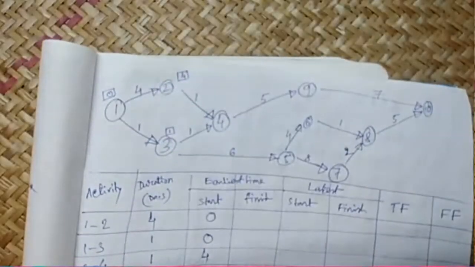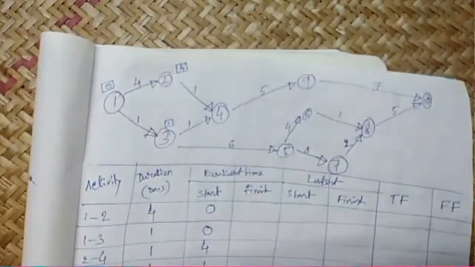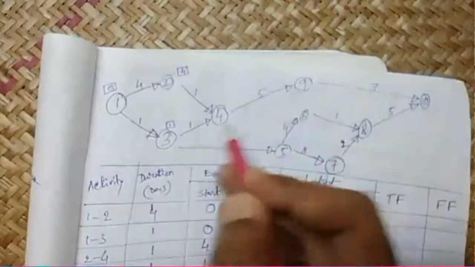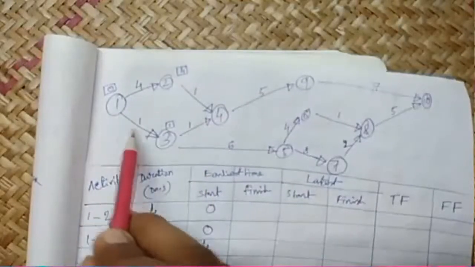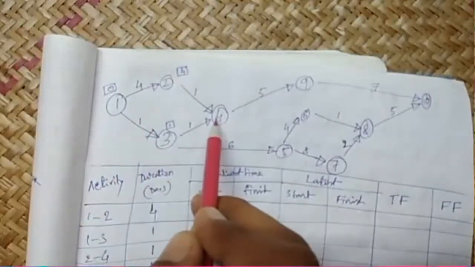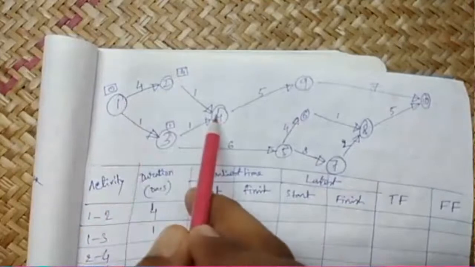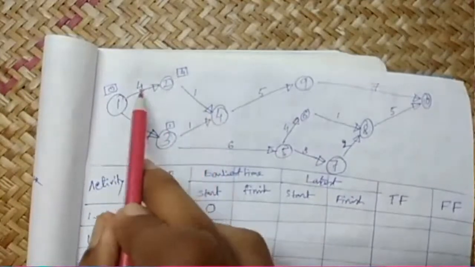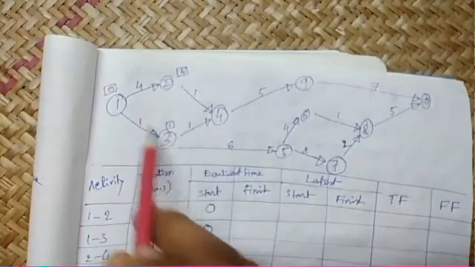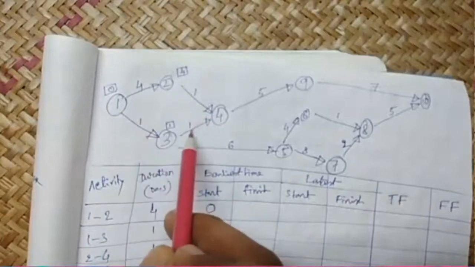Now when we talk about 4 9, look carefully, there are two paths. One is the 1 2 4 path, second is the 1 3 4 path. This 1 2 4 path takes 4 plus 1, 5 days. 1 3 4 takes 1 plus 1, 2 days.